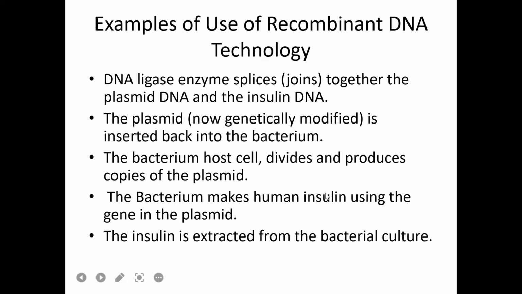Human insulin is produced, and as the bacterium undergoes division, the plasmid also undergoes replication. After that, the plasmid is again separated from the bacteria. The insulin is extracted from the bacterial culture by the method of centrifugation.